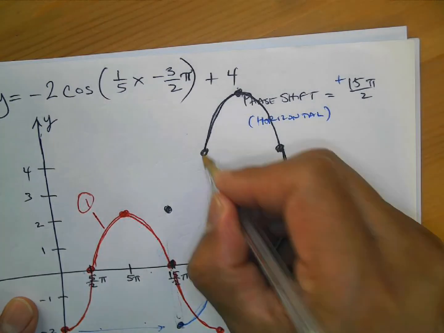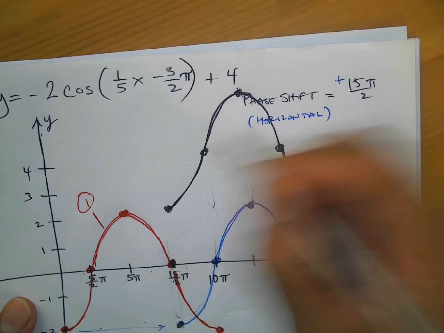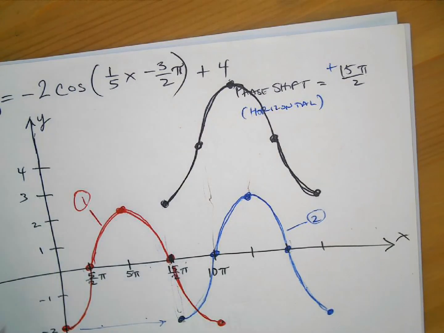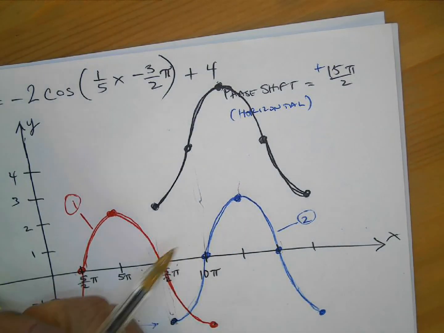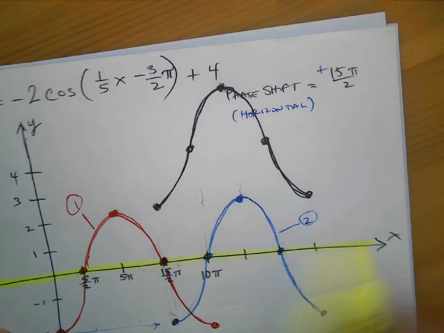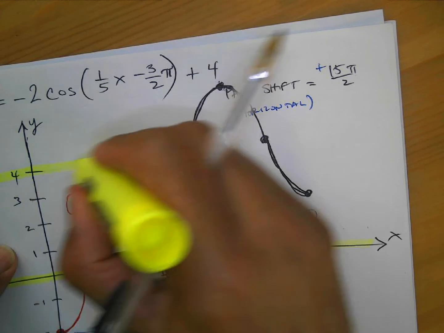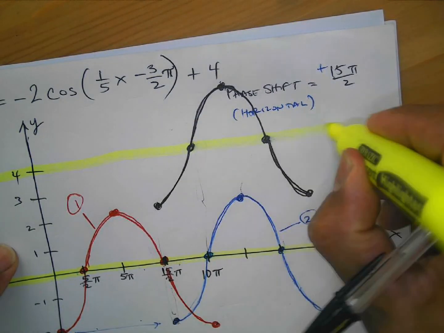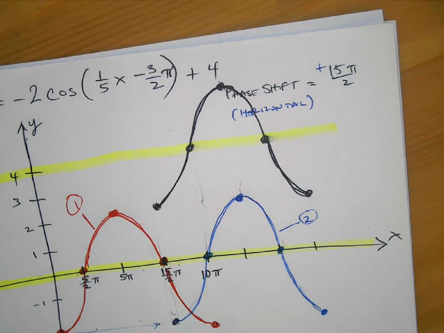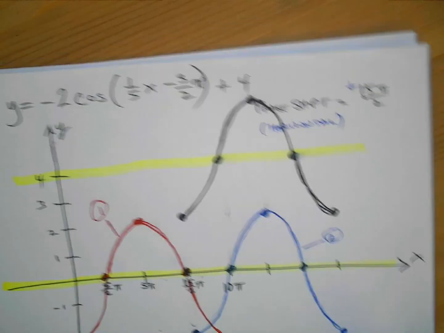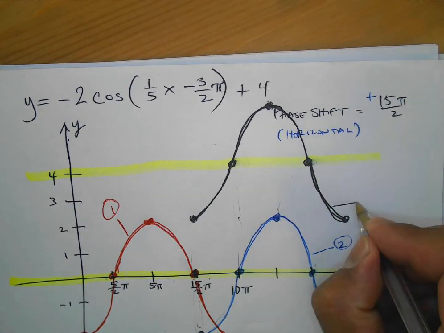But what else moved? The midline, right? We got a new midline. The midline, which is here, also got moved up 4. 1, 2, 3, 4. So what is the equation for this midline? Remember, this is our third and final graph.